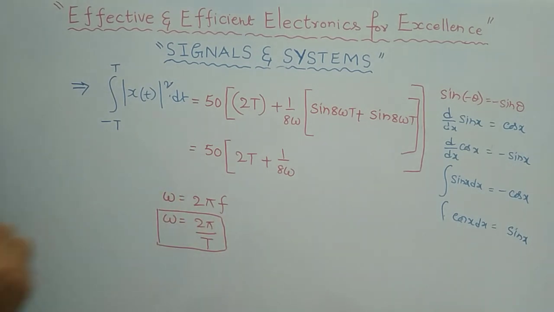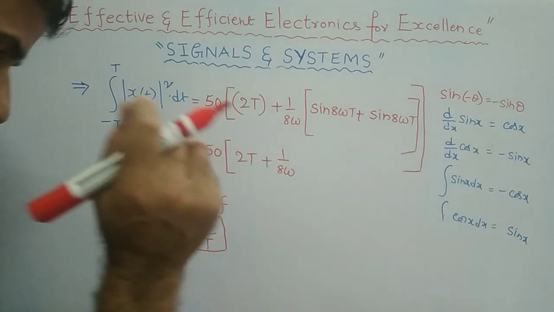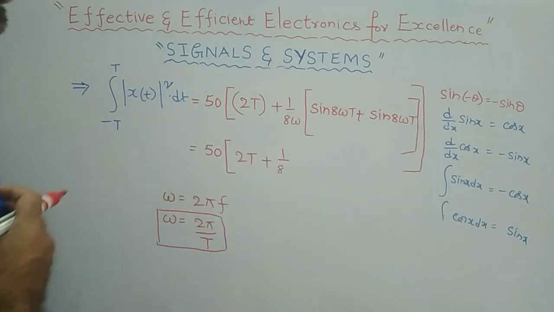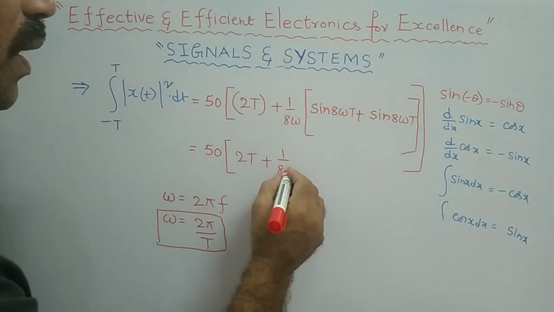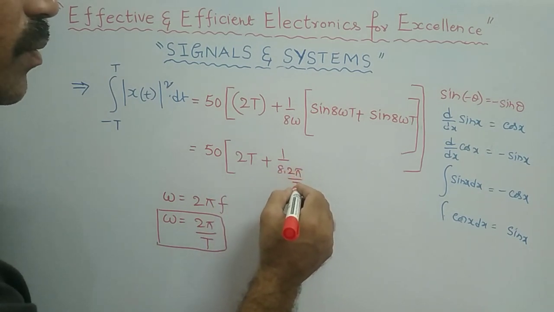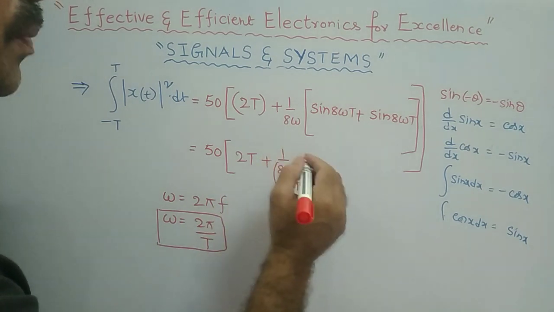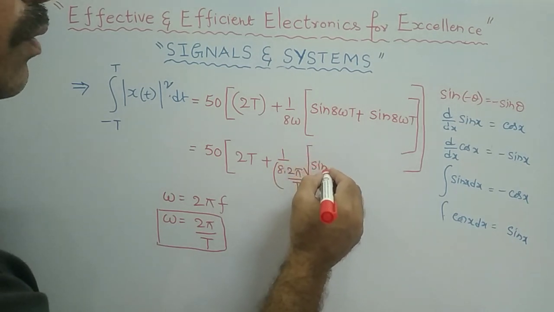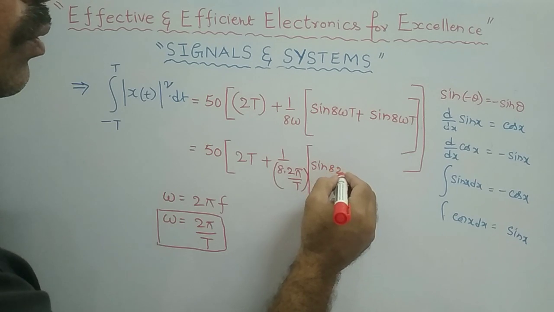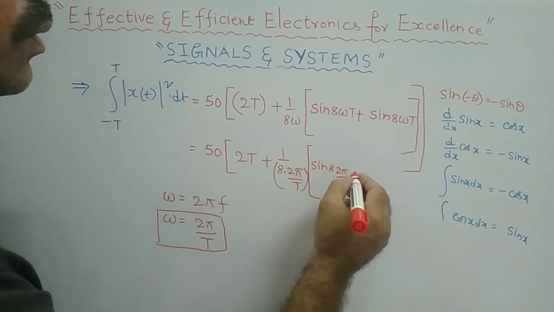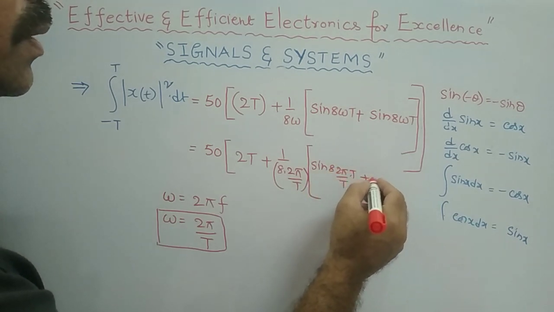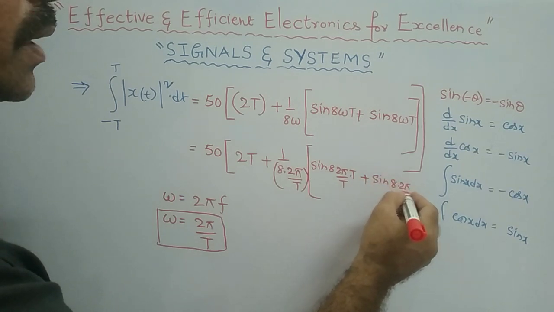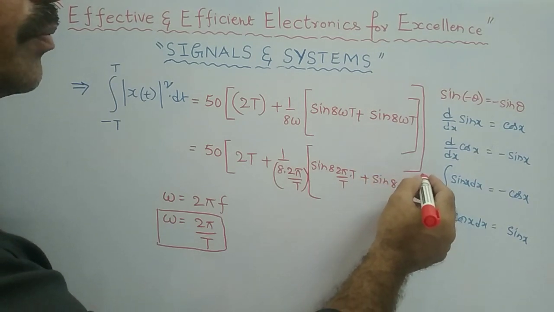So in place of omega you should apply 2 pi by t. That you must remember. Wherever omega is there, finally at last you must apply 2 pi by t here. If you apply here, it is sin of 8 into 2 pi by t into t plus again sin of 8 into 2 pi by t into t.